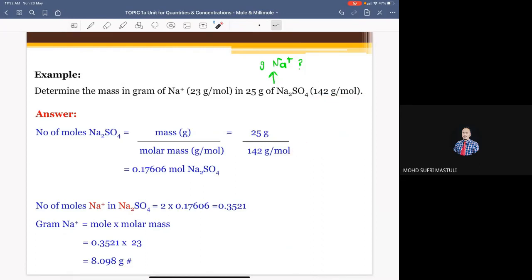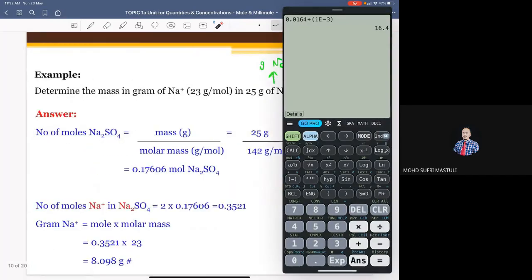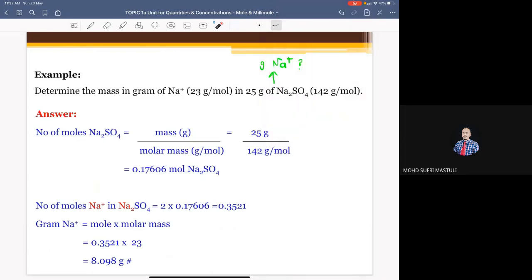So when you calculate using the calculator, you can obtain 25 over 142, equivalent to 0.1761 mole of sodium sulfate.